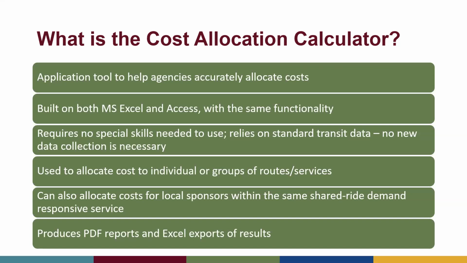Essentially, in either an Access application or an Excel application format, this is a tool that can help agencies of all sizes, but particularly targeted for usefulness for small urban agencies, rural agencies, tribal transit agencies, to help accurately allocate your cost of service and determine some of those factors that Michael was talking about in terms of potentially how is my service performing, how do I price my service, etc.